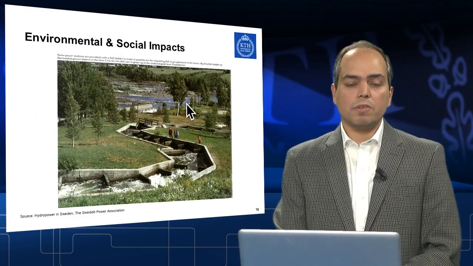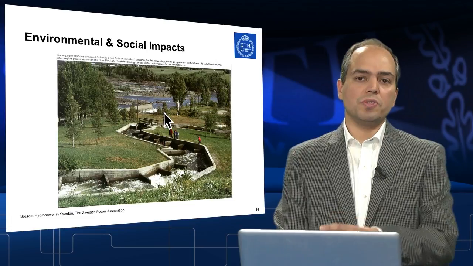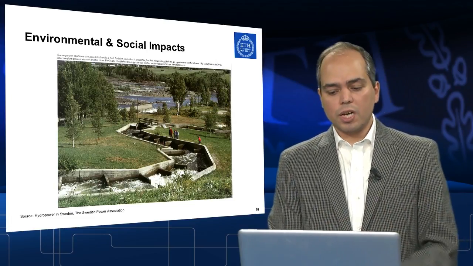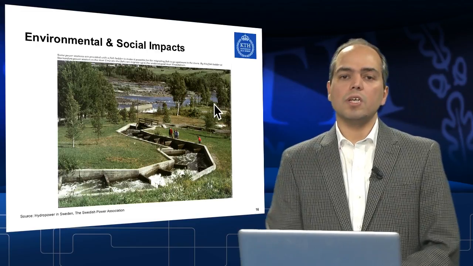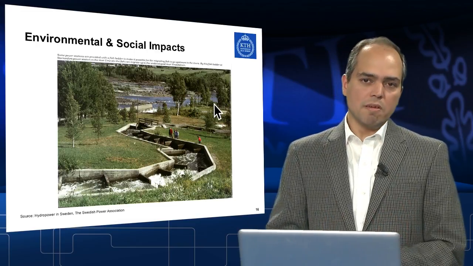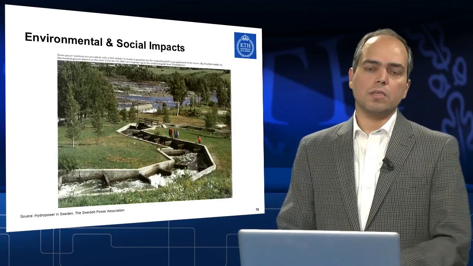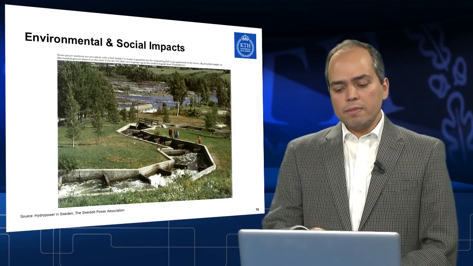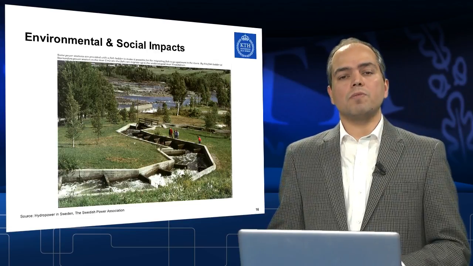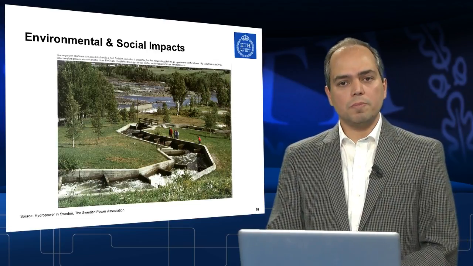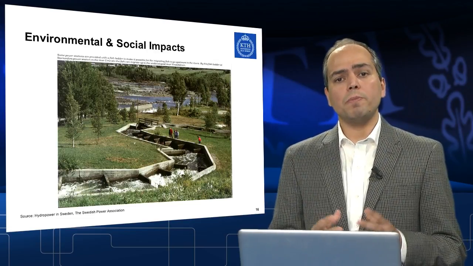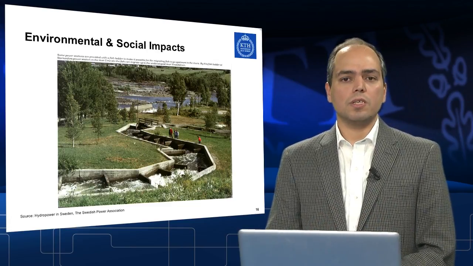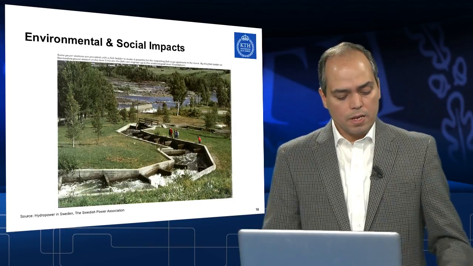This fish ladder enables fish to migrate over the dam from one side of the dam to the other side, in order to minimize the impact on the ecosystem of the river. So these types of measures could be taken for any project. It really depends on the proper assessment and proper mitigation measures on that project.